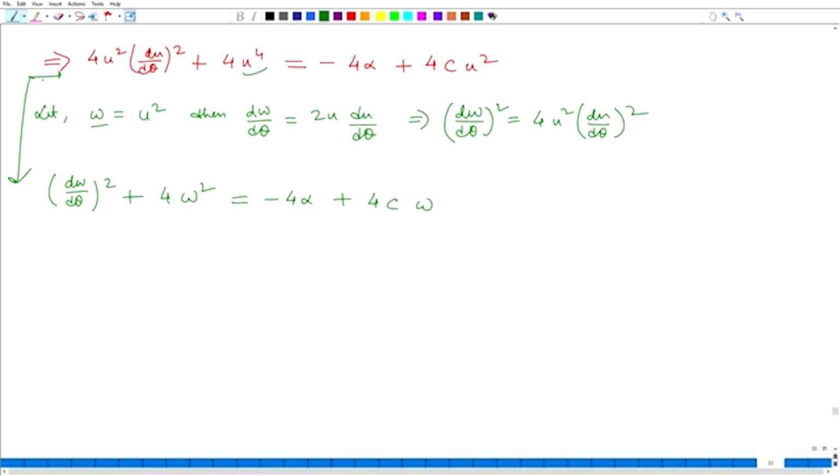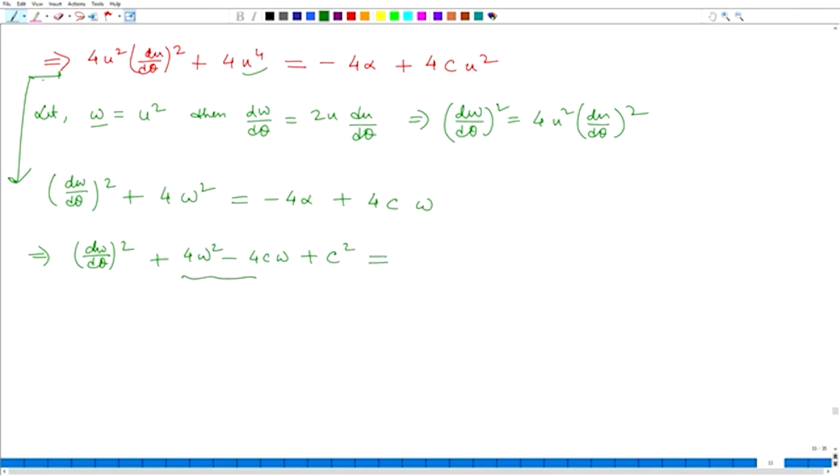And then I can also write this as (dW/dθ)² plus 4W² minus 4C W. Then I can add C², simply C². The objective is clear to the students, I think.